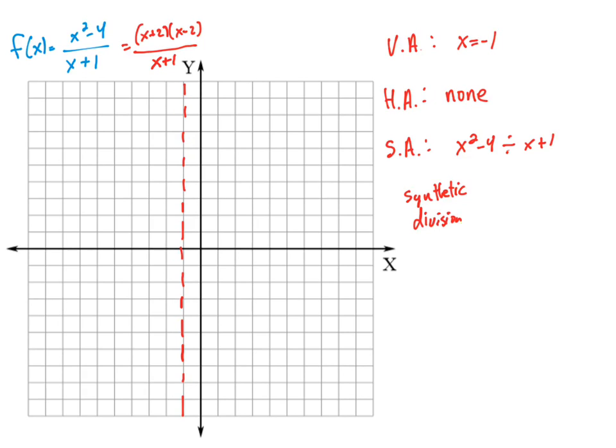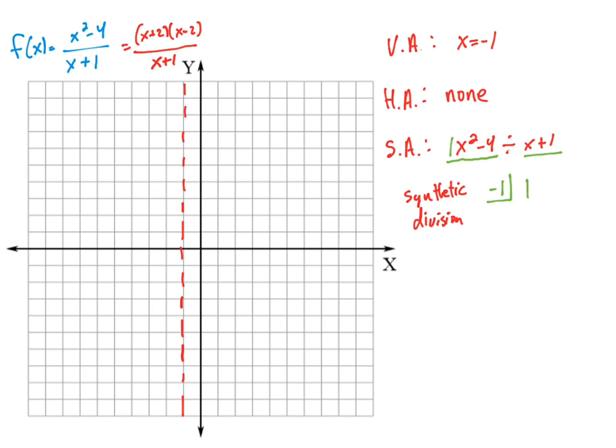And hopefully you remember this from college algebra. So what we do is x plus 1 is the divisor, so we're going to divide by negative 1. And then we take the coefficients of the dividend. So we have a 1 for x squared.